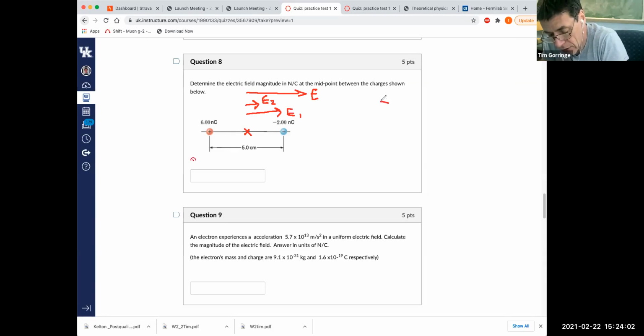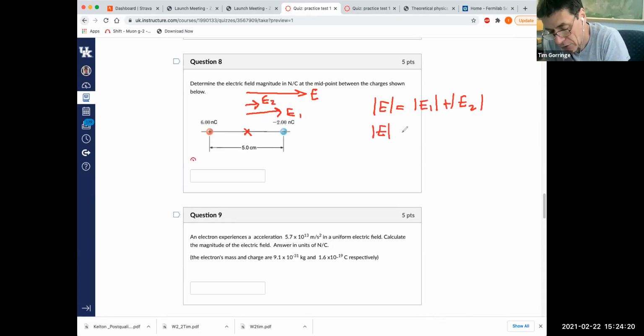And so the total field, in this case, is just going to be the magnitude of the field due to charge number 1 plus the magnitude of the field due to charge number 2.